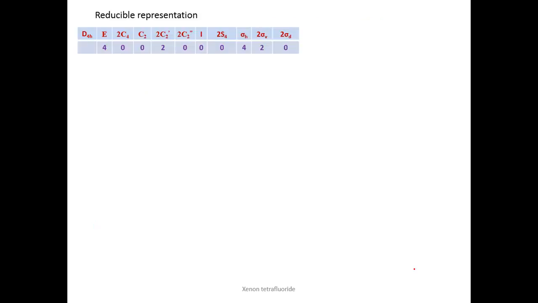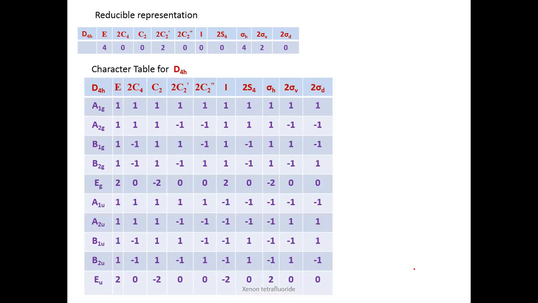Now we are going to the reduction stage. Since there is not enough space on the screen, we will not be drawing the character table on each screen. The character table for D4h is given here. I will just tell you the different features of this character table. This is the point group.